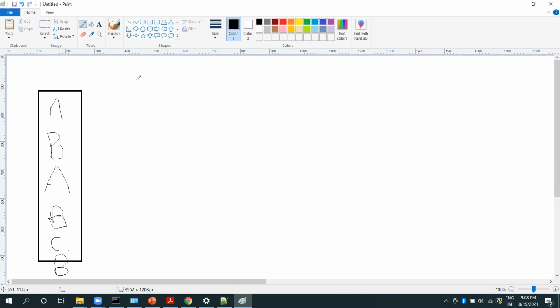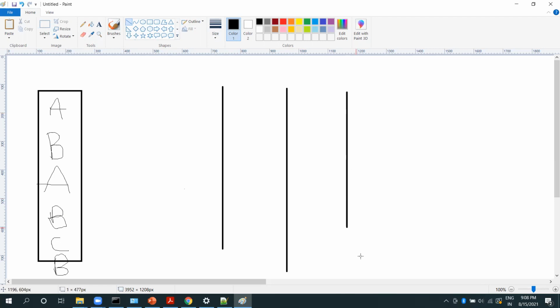Now, when we talk about creating a one hot vector from it, we essentially have to create 3 columns, one for each of the variables, and we name them A, B, and C. Now that we have named them A, B, C, we start filling them.